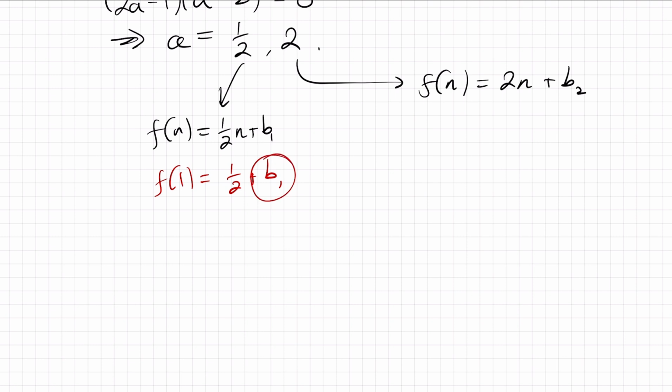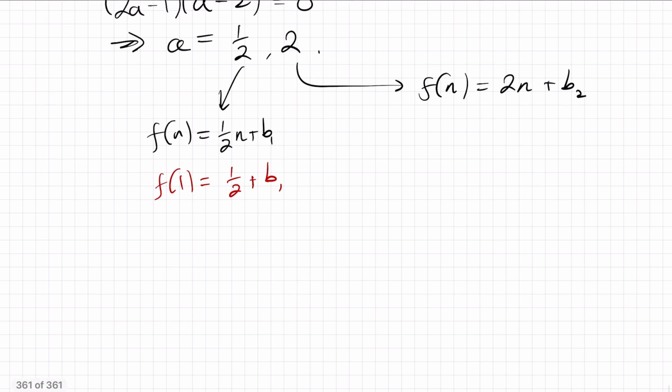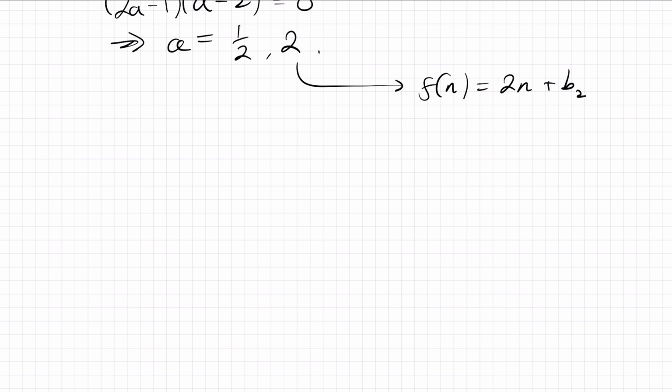And if b1 happened to be a half, well then, if we put in something like 2, this would become 1. So now this is also not an integer. So clearly, when a is a half, there aren't any valid solutions from integers to integers. So this means we can effectively reject a half.